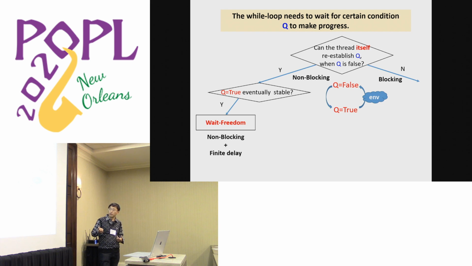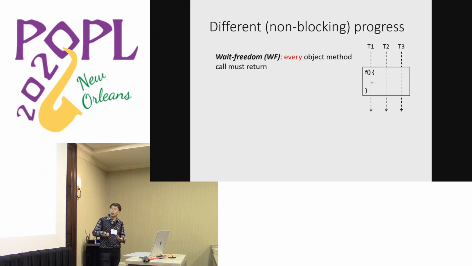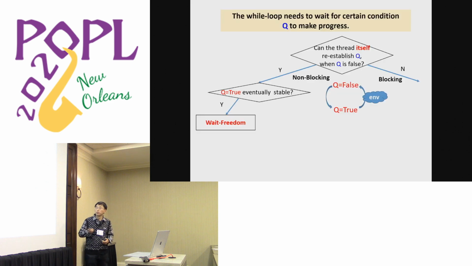There's no blocking allowed, and there's only a finite number of delays. If we look at the official definition of wait-freedom, it says that in a concurrent setting, every object method call must always return. This is a very strong property.